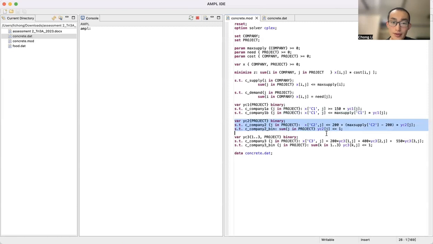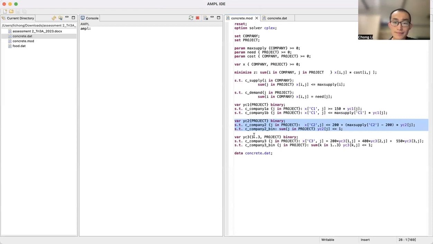For project J, if company two decides not to supply concrete to project J, then why the 2G is 0? Then you can see the XC2G is smaller than 200 times this 0, and this is 0, so it is smaller than 200.